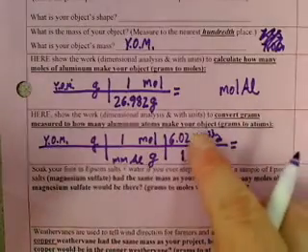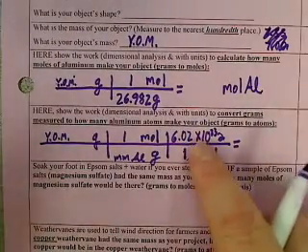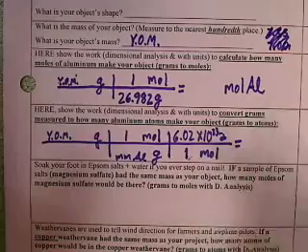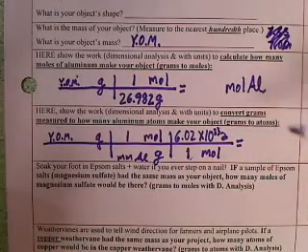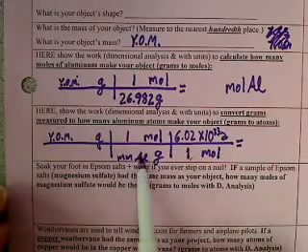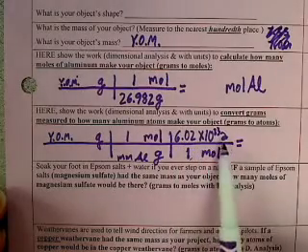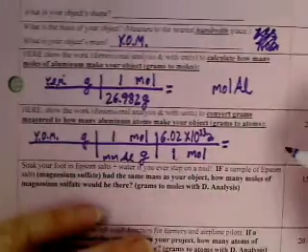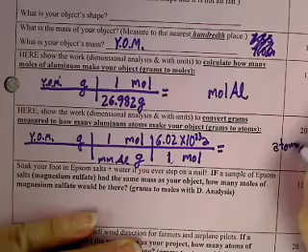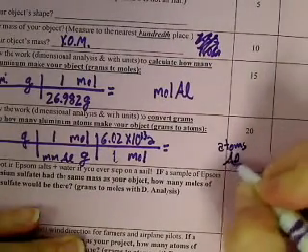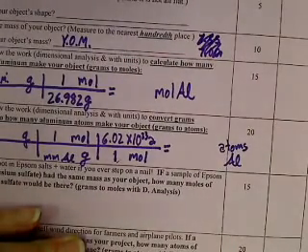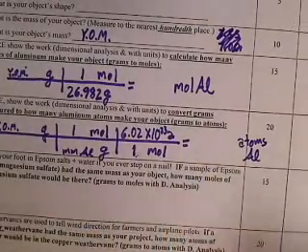Remember, you don't put in the times 10. The EE or EXP button on your calculator will tell you that it means times 10. Okay? So divide, enter, then multiply by Avogadro's number. What unit do we have at the end? It's going to be atoms of aluminum. Okay, so you're going to fill that in.